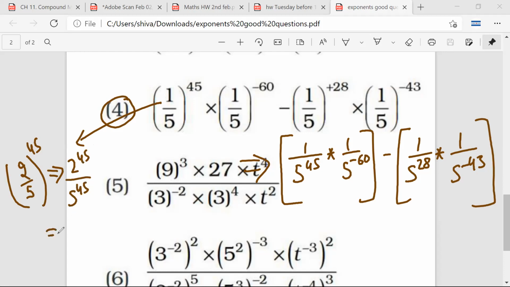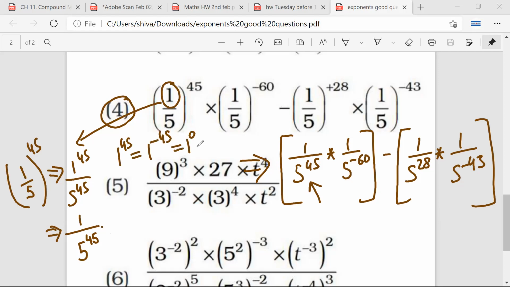But now, if you try to understand, this is 1 raised to power 45, and that is why it is 1, and in the denominator I have only 5 raised to power 45. What I'm trying to tell you is that 1 raised to power anything: 1 raised to power 45 is equal to 1 raised to power minus 45, is equal to 1 raised to power 0, is equal to 1 raised to power 1, is equal to 1.